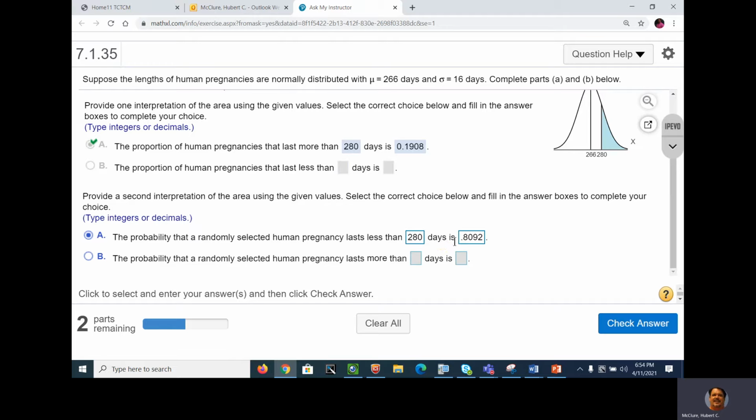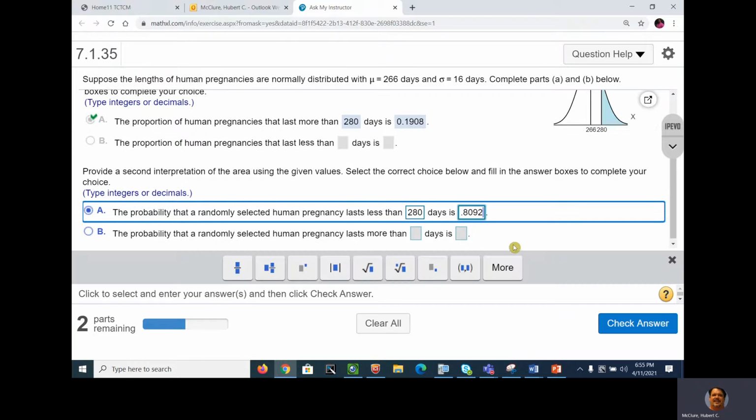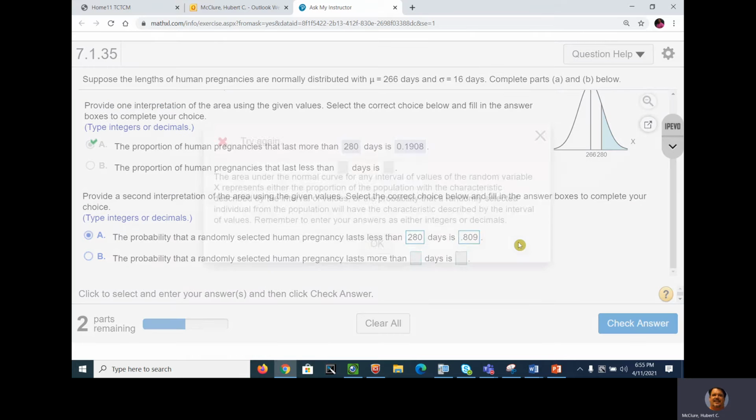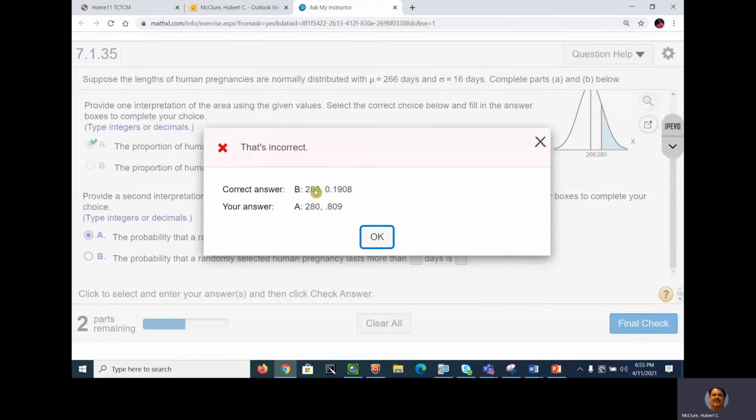Okay, I don't understand. 0.809 maybe? I don't know what it's wanting. No, I'm sorry, that's not right. Wait a minute.